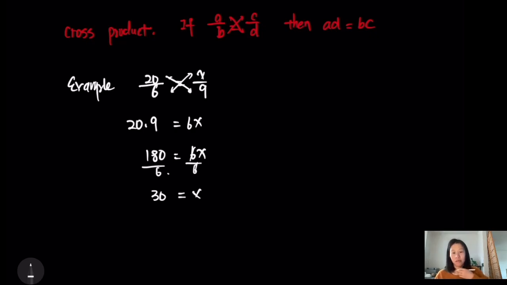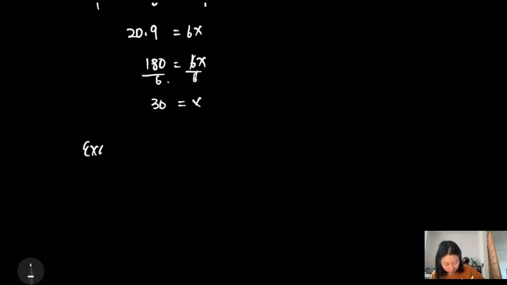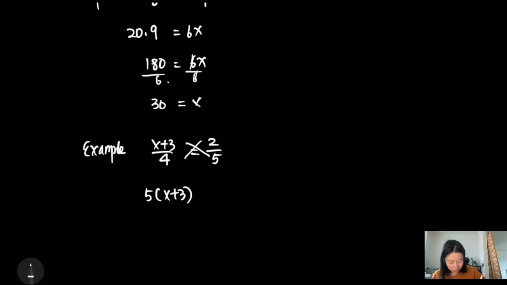Okay, now we can apply it to solve more complicated fractions, such as (x plus 3) over 4 equals 2 over 5. Now, you want to calculate the cross product. So 5 times (x plus 3) equals 4 times 2.